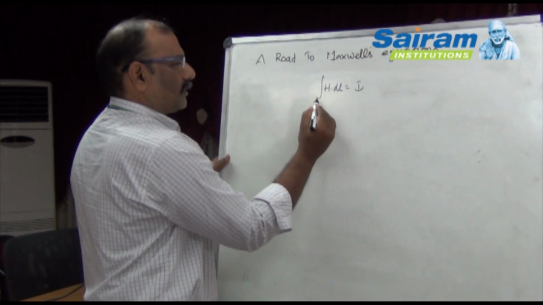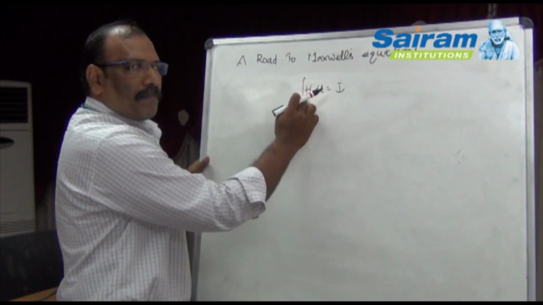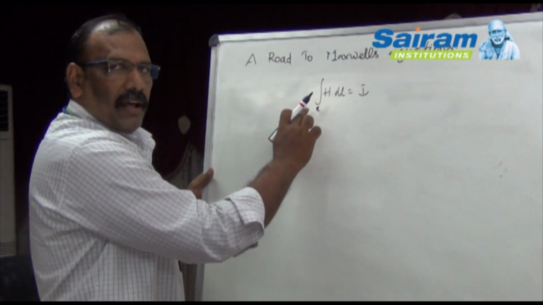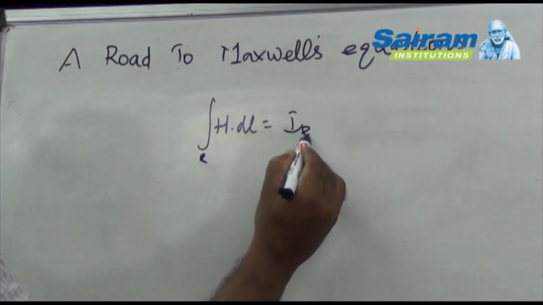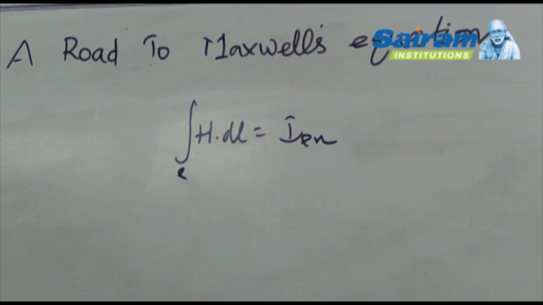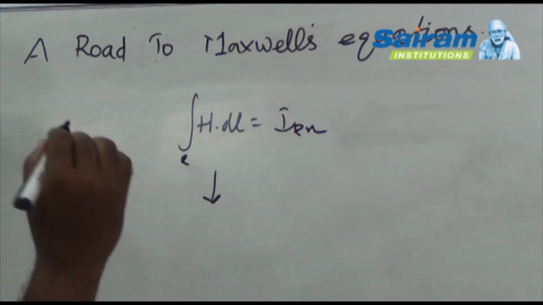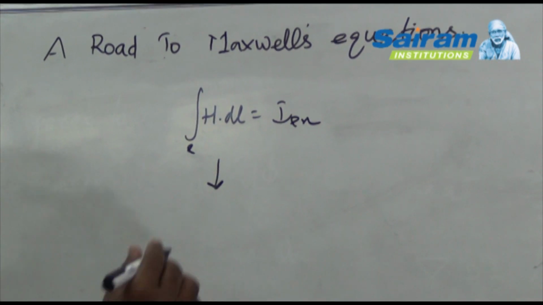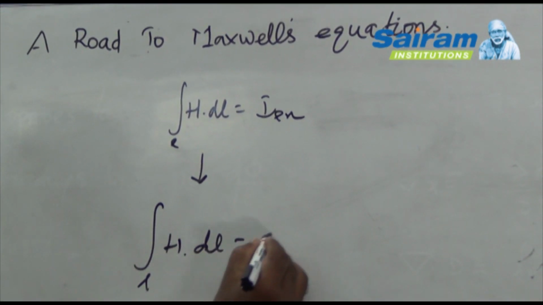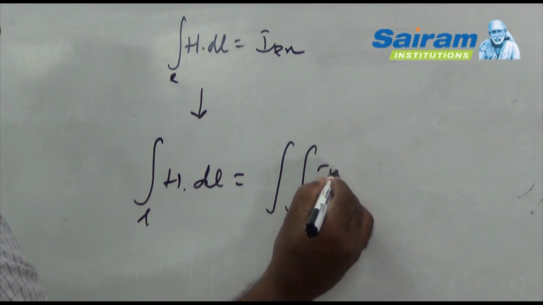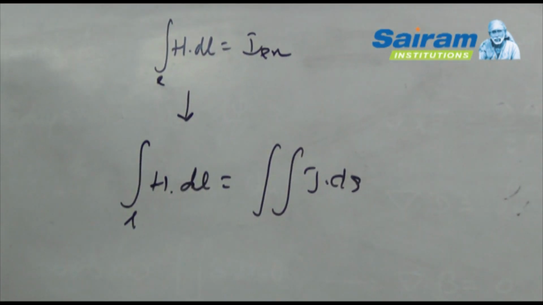Ampere's law says the tangential component of H for a closed path L is equal to I enclosed. That means the line integral of H dot dl equals the double integral of J dot ds, which is nothing but current.